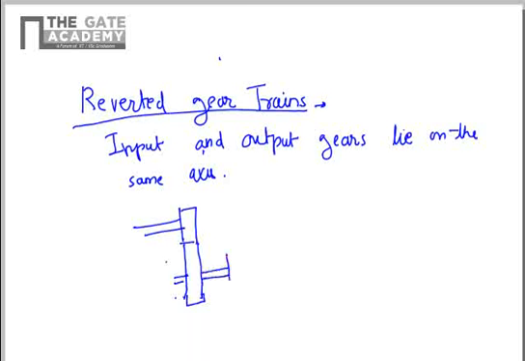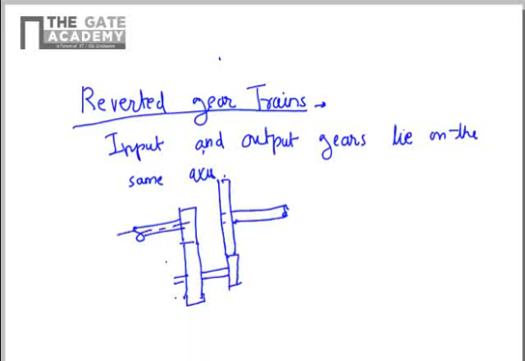In a compound train, the output of the first feeds the input of the second. So now I'm drawing the input of the second. And then you have the final output gear. So this is the output gear. And the axis of that output gear, as I draw here, lies in line with the axis of the input gear.